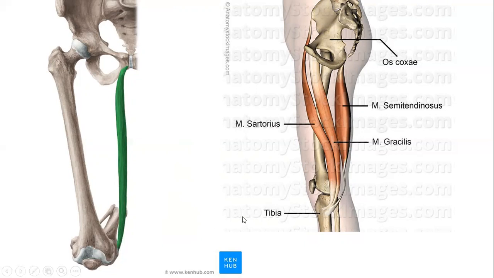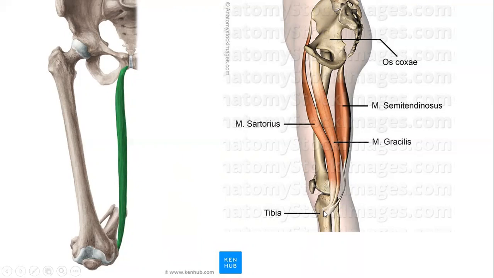or the medial aspect of the upper part of the tibia, along with two other muscles, one from the anterior compartment, sartorius, and the other from the posterior compartment of the thigh, semitendinosus. Together, these three muscles fuse distally to get attached over the medial aspect of the upper end of the tibia.